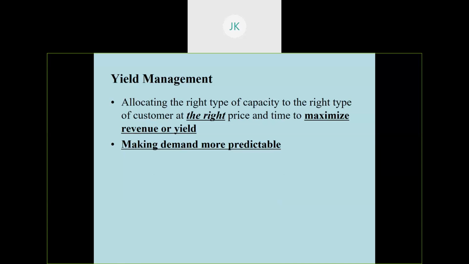If demand is slow, then lower the price, and if demand is high, then regular price or higher than the regular price, to control customer demand. So using this, we can predict demand.